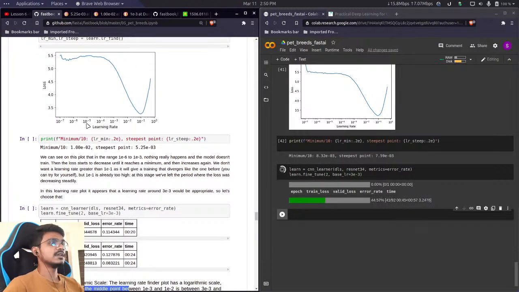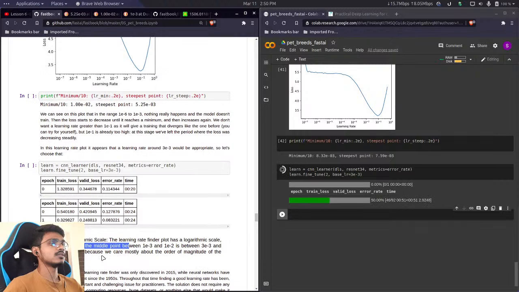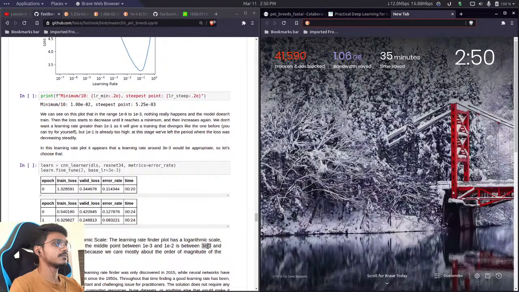What is it saying? This plot is for the logarithmic scale. So this is the logarithmic value of this. Does it mean that? Let's try to find the log of this value.